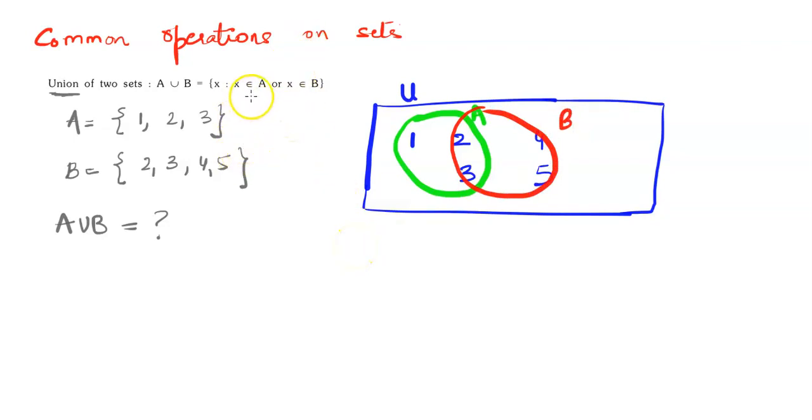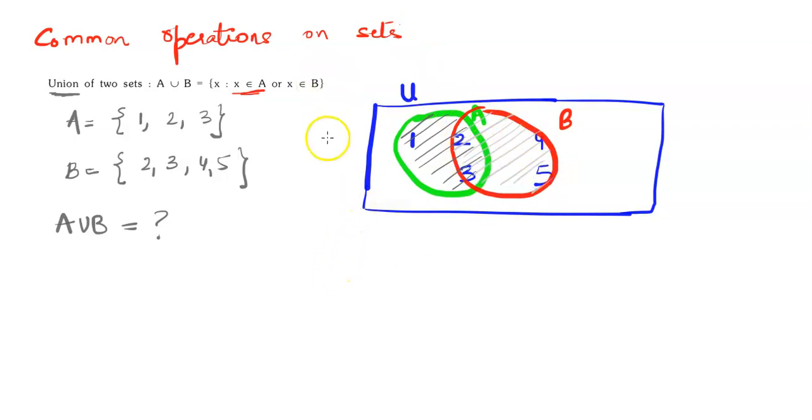So X belongs to A, which means all these values, and X belongs to B, which means all these values.